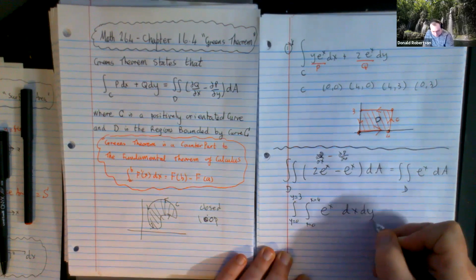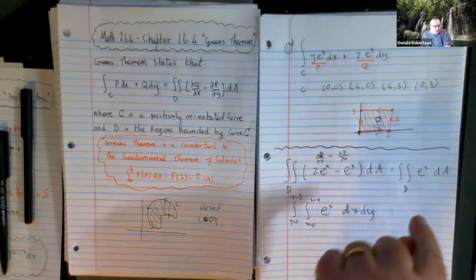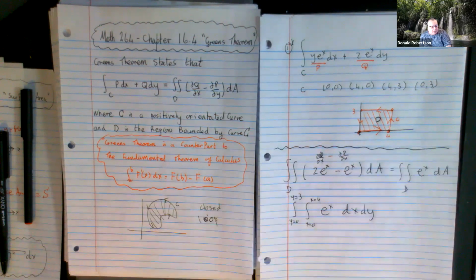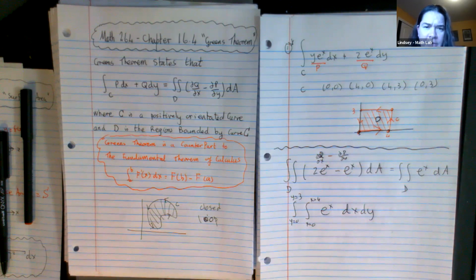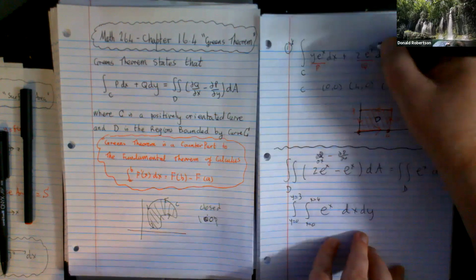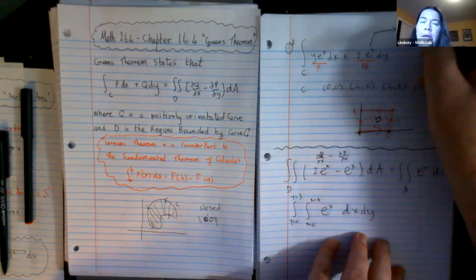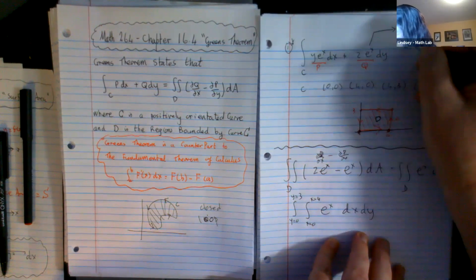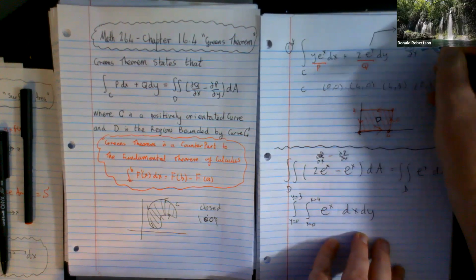Are you comfortable about this became that? Actually a little confused about how dQ dx became 2e to the x. Okay, well, this is Q. So you do this guy, that's where it came from.